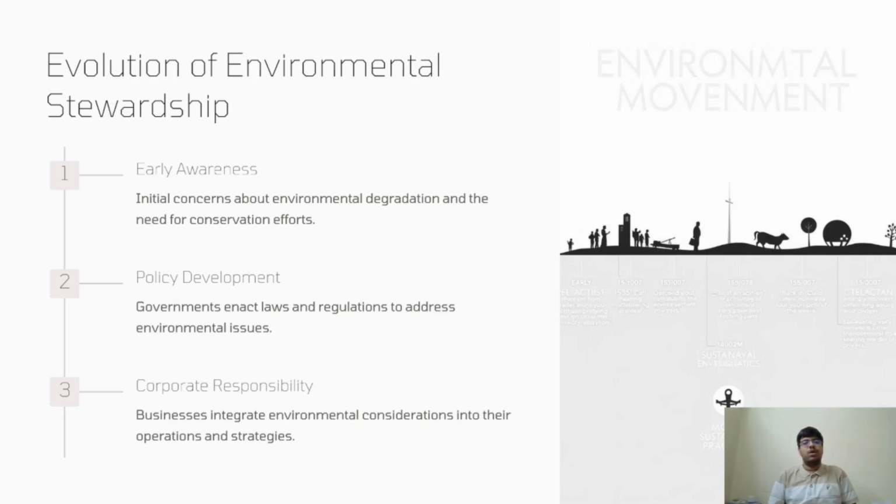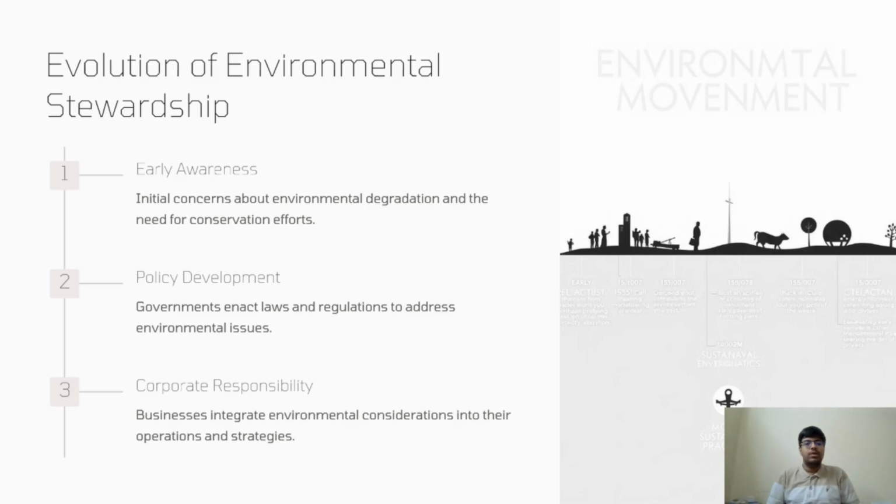Next, we'll see how environmental stewardship evolved from ancient times to now. The first one was early awareness. There were some concerns initially about environmental degradation and the impact it would have over the world, which was taken into consideration, and there was a need for conservation efforts.